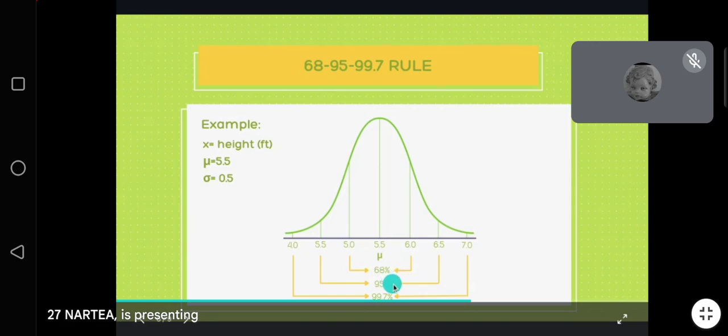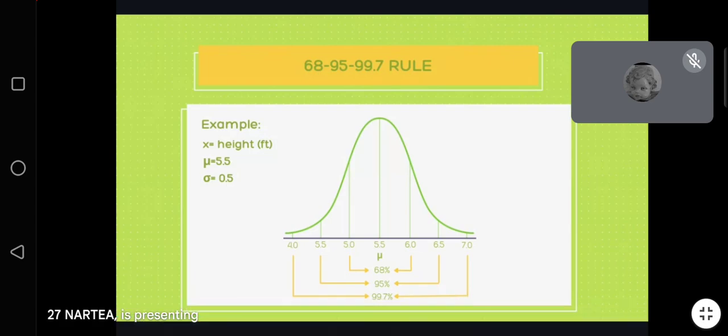And then 95% of the population is between 4.5 and 6.5 feet. And if we say 99.7%, it means that 99.7% of the population is going to be between 4.0 feet and 7.0 feet. So that is the 68, 95, 99.7 rule.